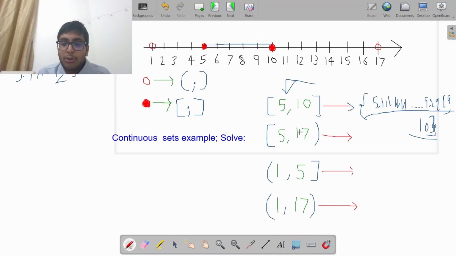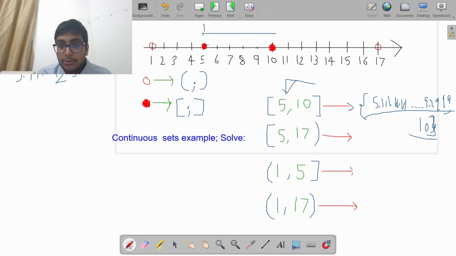Now let's look at 5, 17. 5 is closed bracketed over here, but when you look at the 17 part, it is open bracketed, which means we're not including 17 in the set itself.